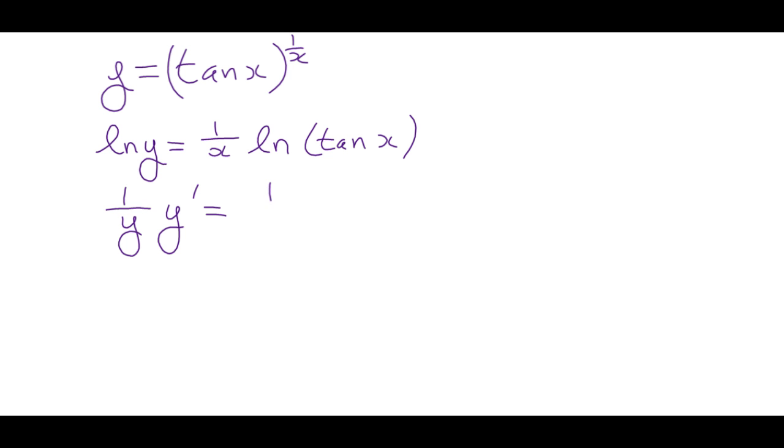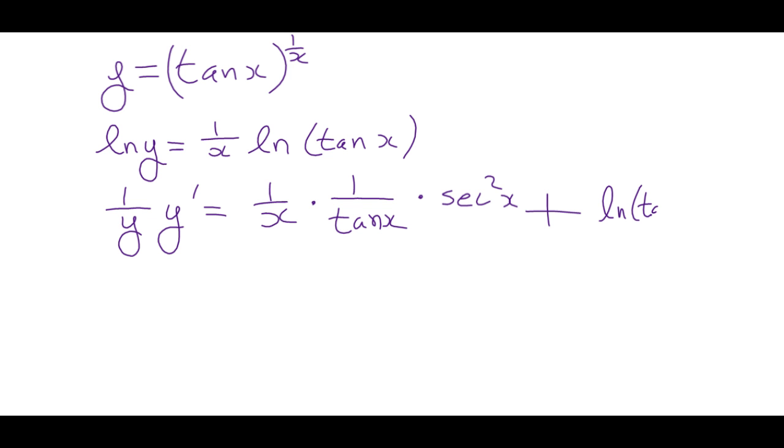All right, what do we got here? So we've got 1 over x times 1 over tan x. Okay, so we've got this times the derivative of ln tan x. So the derivative of ln is 1 over tan x times the derivative of tan x, which is secant squared x, plus, and now we do the ln tan x times the derivative of 1 over x.